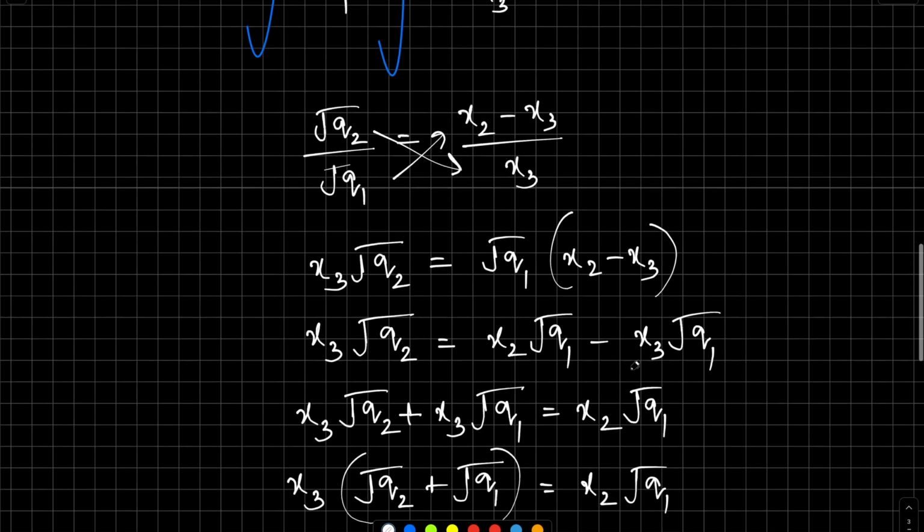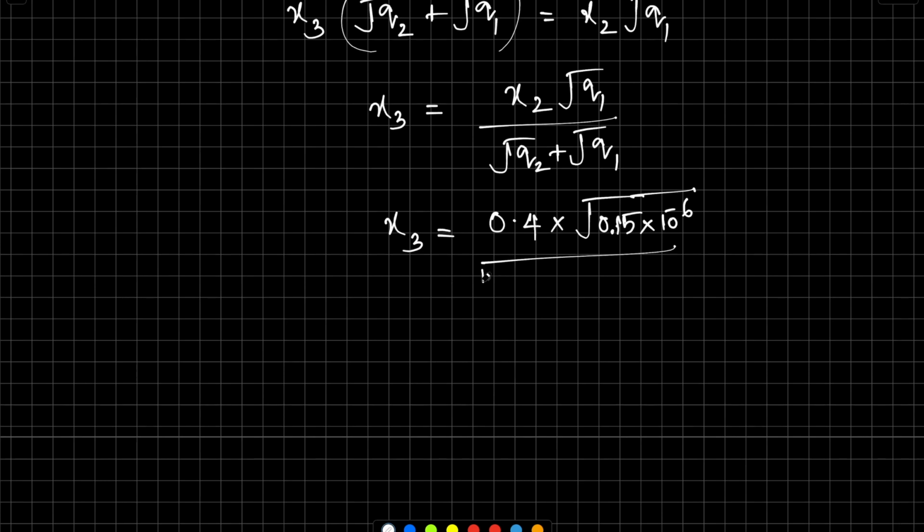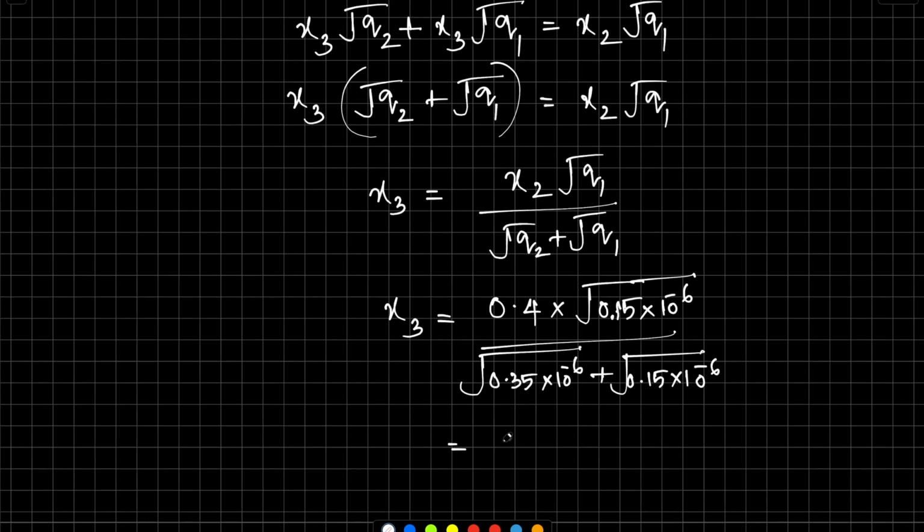Q2 is 0.35 microcoulomb. Again, if you convert it, you get 0.35 times 10 to the power minus 6, plus square root of Q1, which is 0.15 times 10 to the power minus 6. So the answer is 0.158 meters. Or if you convert this to centimeters, multiply by 100, you get 15.8 centimeters.